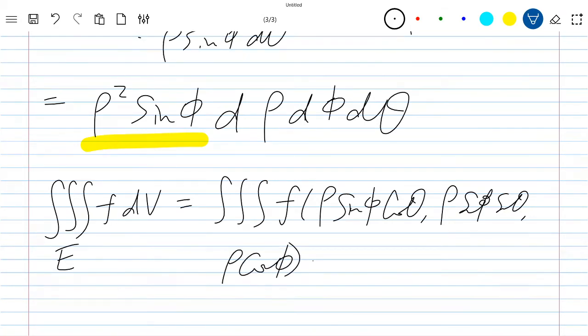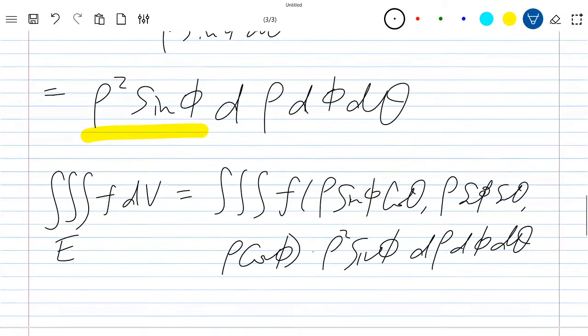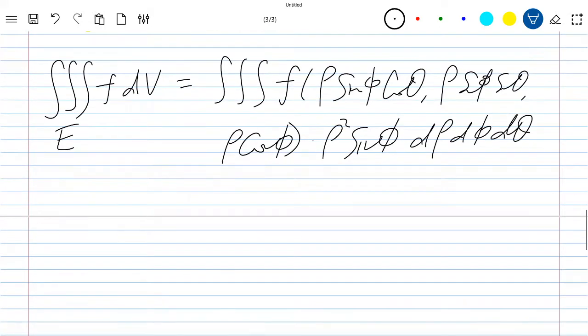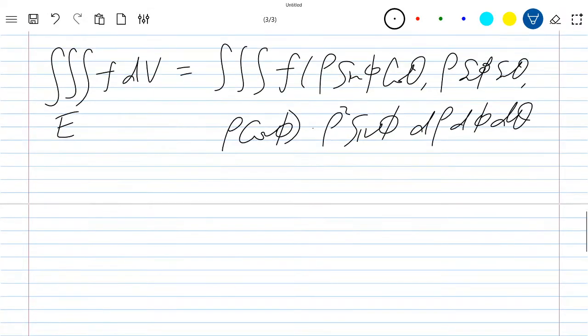Then you have rho squared sine phi d rho d phi d theta. Okay, it looks very complicated, but we will use it only if it makes it easier. So you will see, although it looks long, we usually don't have a very complicated integral. All right, now let's apply it to a few examples.